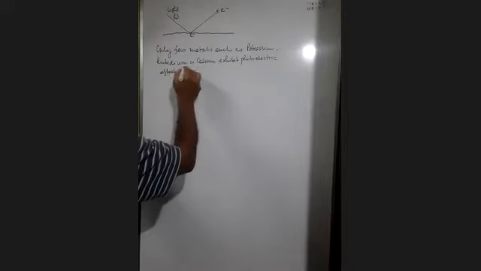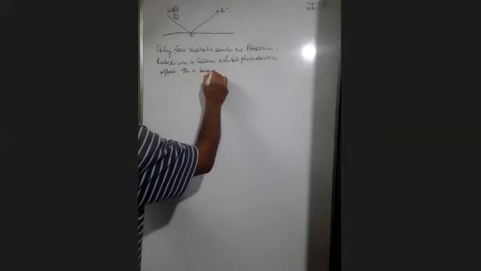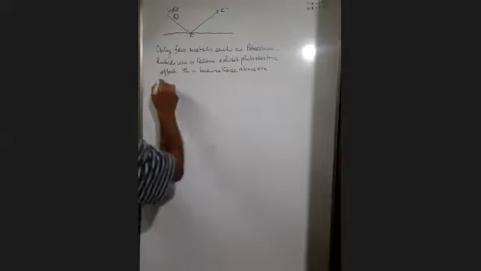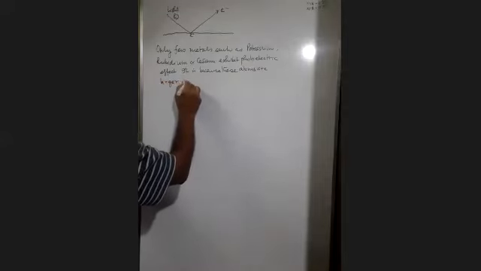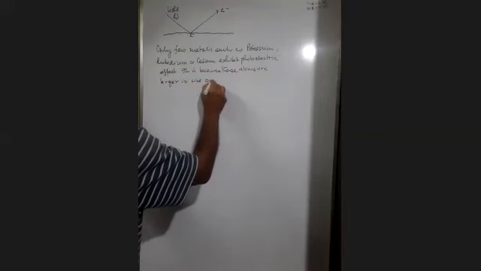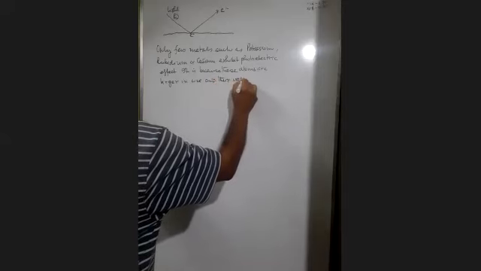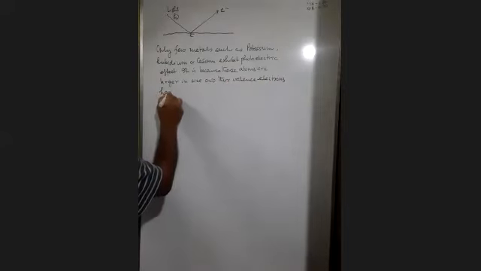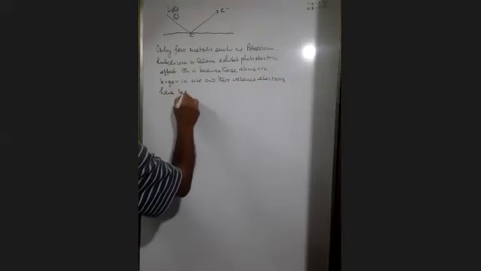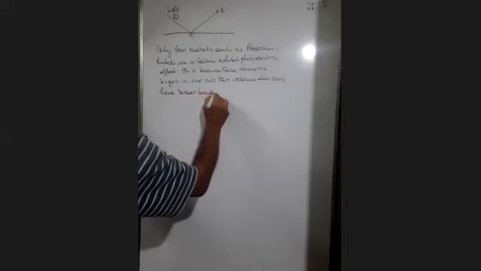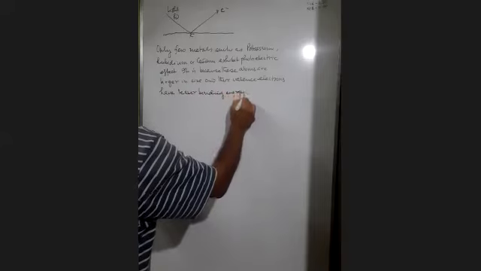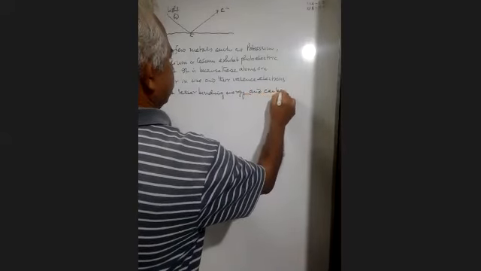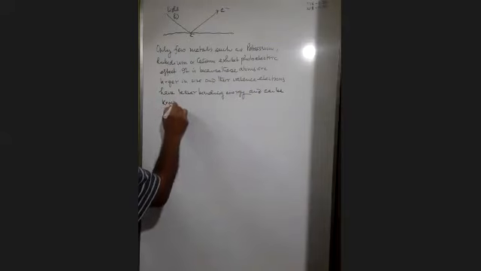What can we write now? It is because these atoms are larger in size, and so their valence electrons have lesser binding energy and can be knocked out.